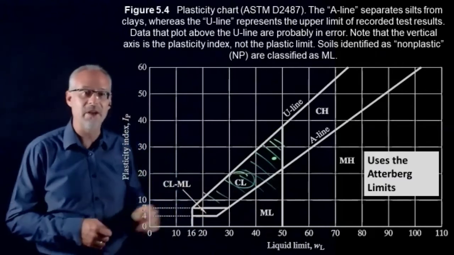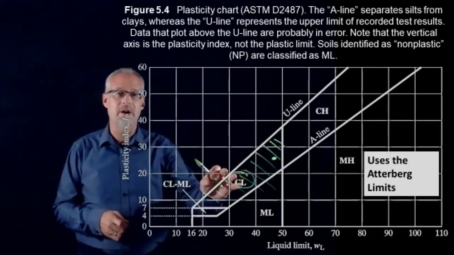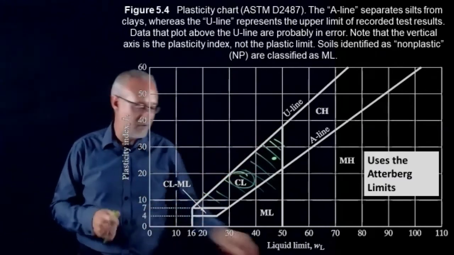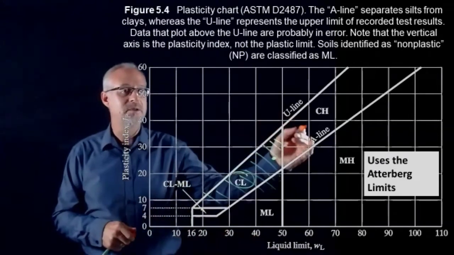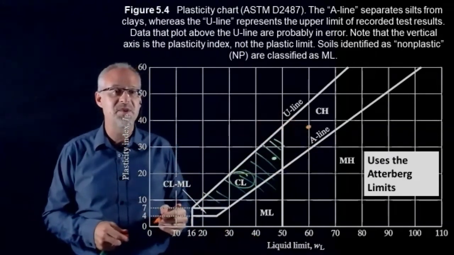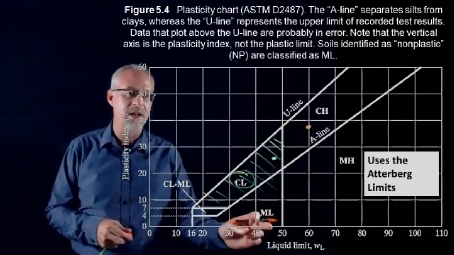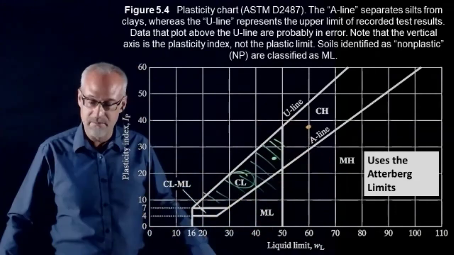Okay, so that region is all CL. Similarly, if you plot up here somewhere, that's going to be a CH. Plot down here, it's an ML. Over here, it's an MH.